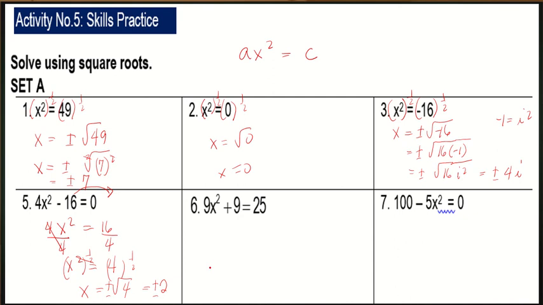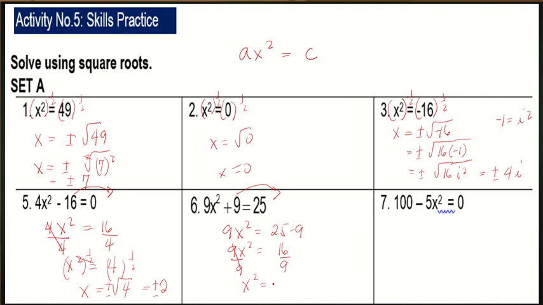Okay, next, number 6, we have transposed this to the right side so that it will be written in this form. So we have 9x squared is equal to 25 minus 9. So we have now 9x squared is equal to 16. Then isolate x squared again by dividing both sides by 9.